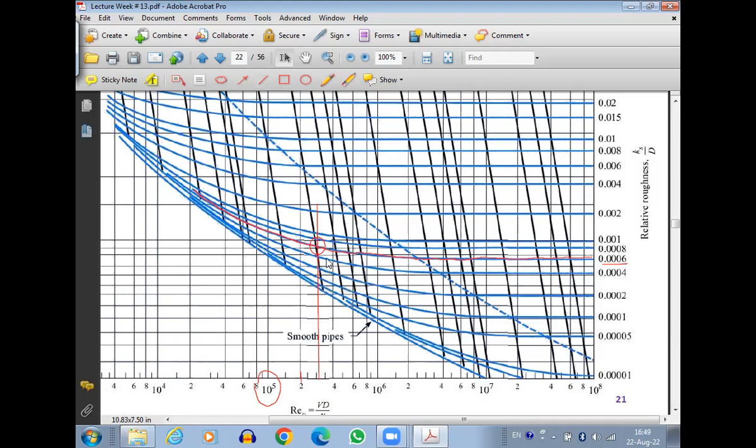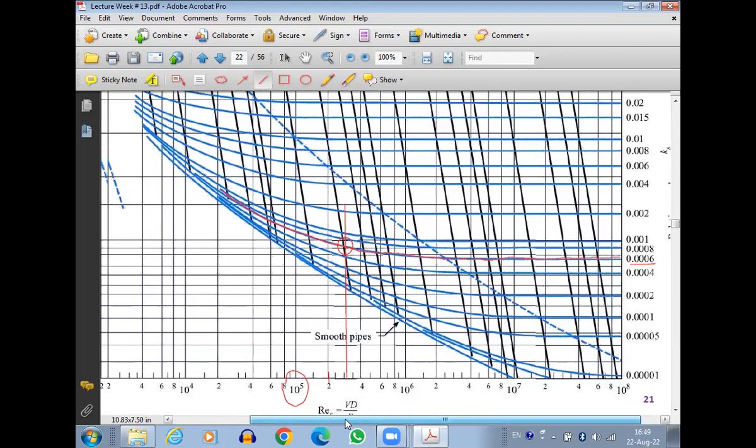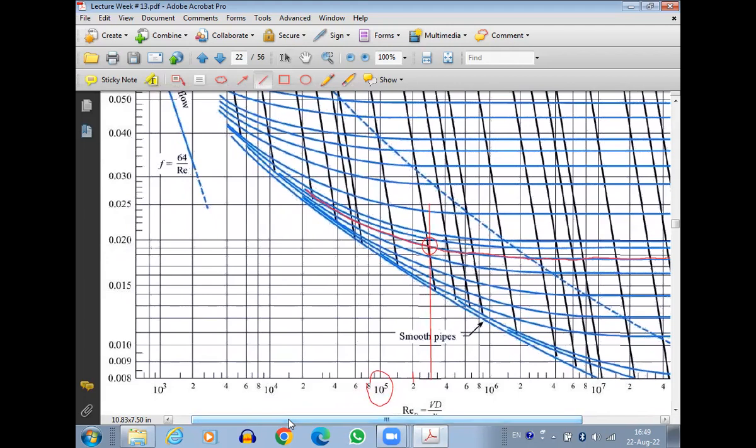Once I know the point of interception of Ks by D with the Reynolds number, I can follow on horizontally to figure out what will be the friction factor.